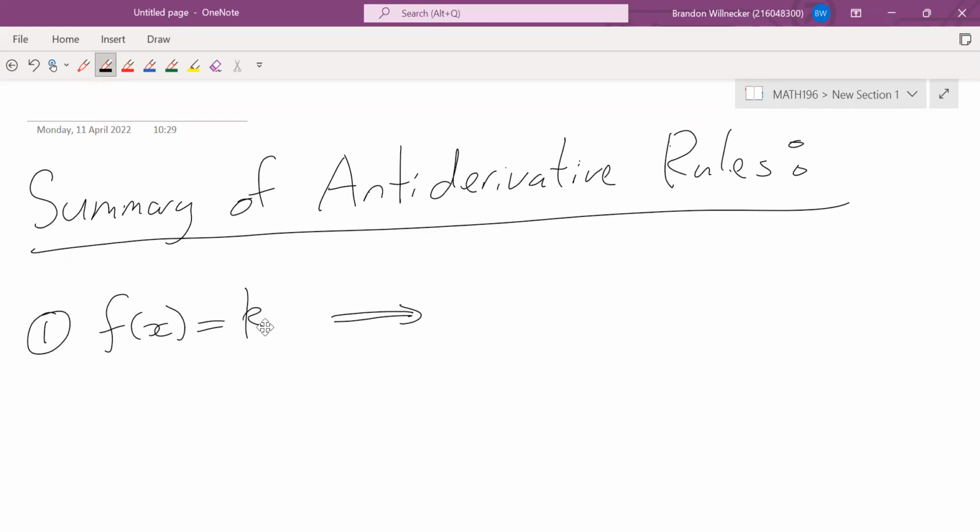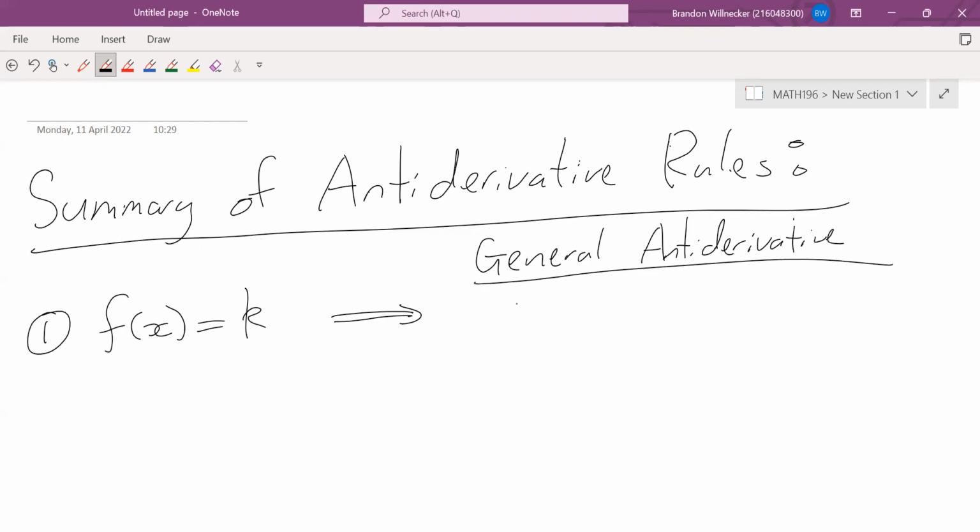Then the general antiderivative will be capital F of x is equal to kx plus c. Okay, so this is the general antiderivative where we have plus c. If you are using this in a definite integral with bounds, you don't put the plus c. Okay, so we spoke about that on the previous page.